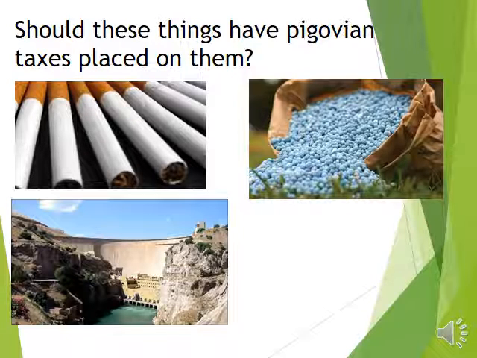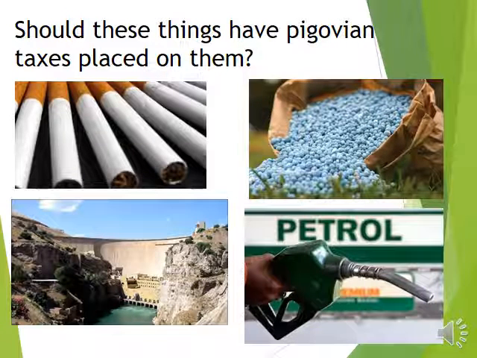Those are examples of Pigovian taxes, and it can work the other way too, using Pigovian subsidies to bring the price down on things which have external benefits. A third one would be petrol. Petrol creates CO2 and methane emissions, which pollute the atmosphere. In most developed countries, petrol is a lot more expensive than it is here in Kurdistan.